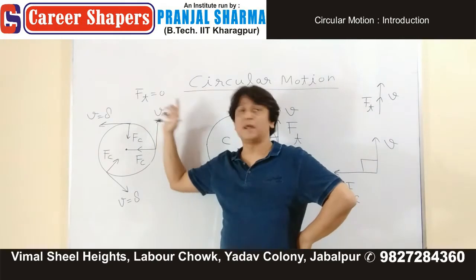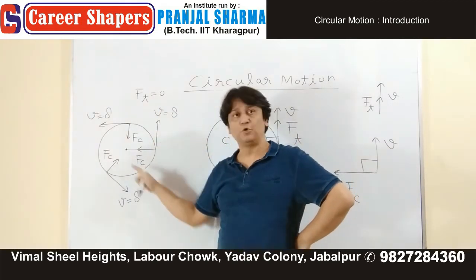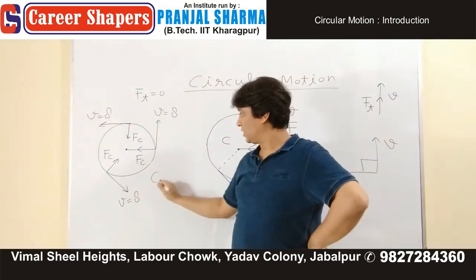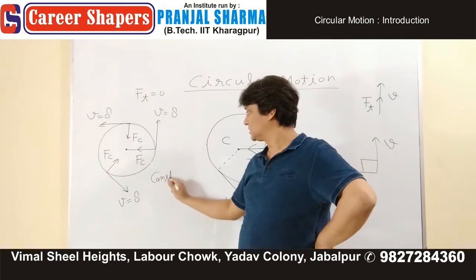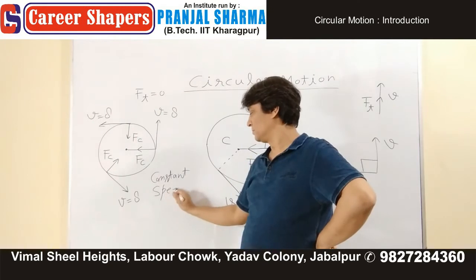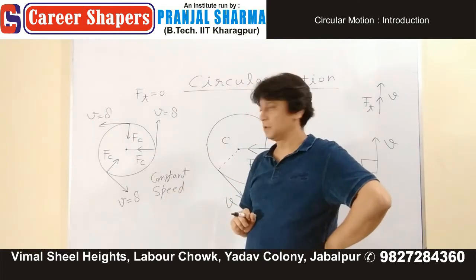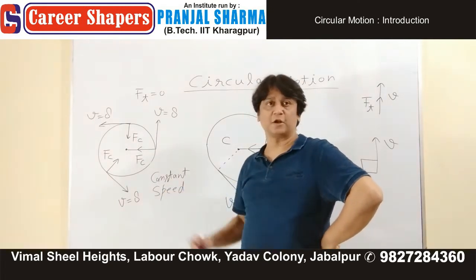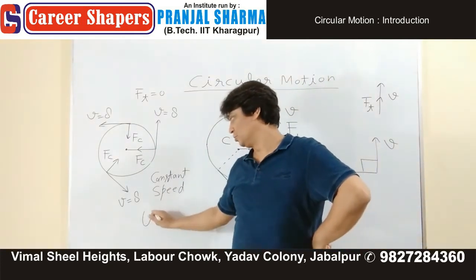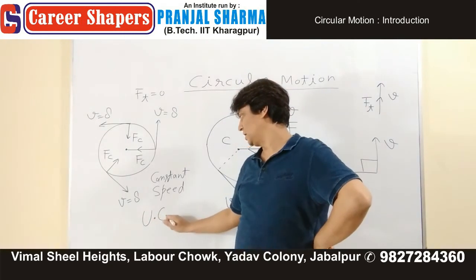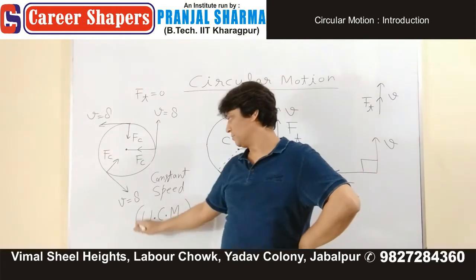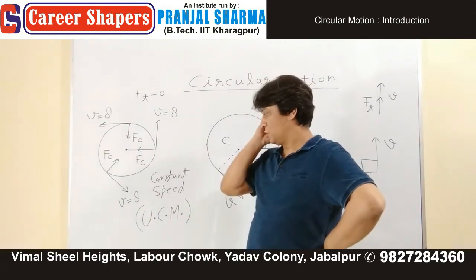तो जब Ft नहीं है, सर्कुलर मोशन हो रहा है, किस तरह से? विद कांस्टेंट स्पीड. This constant speed circular motion has a special name, which is UCM. Who can decode UCM?